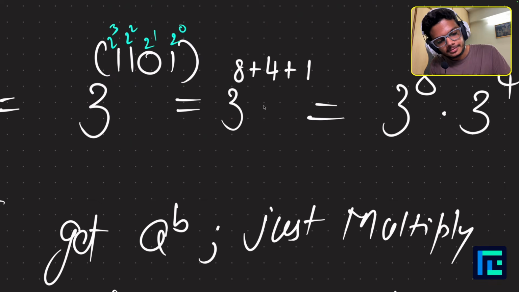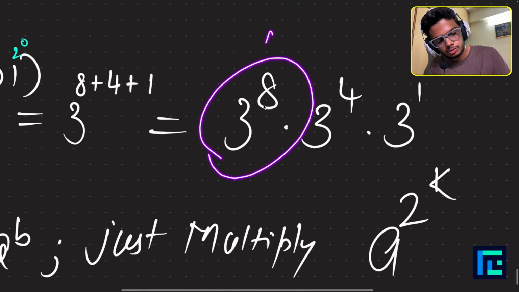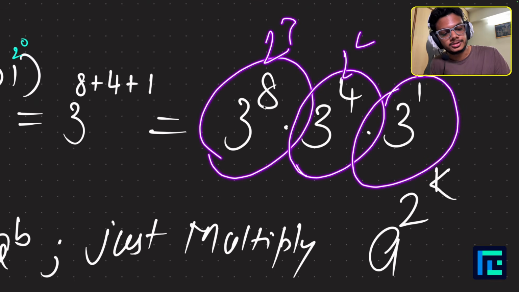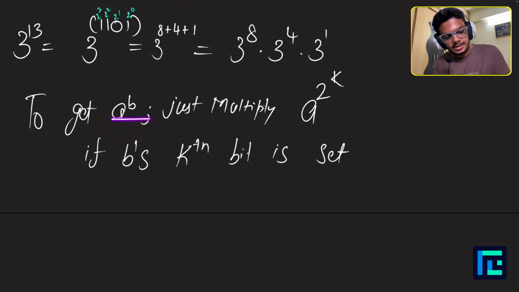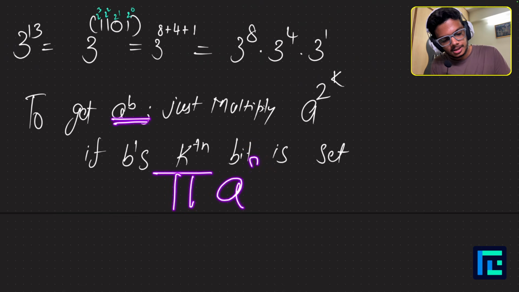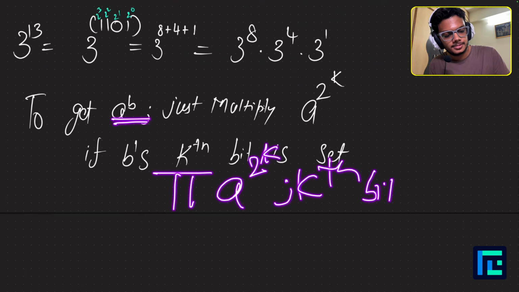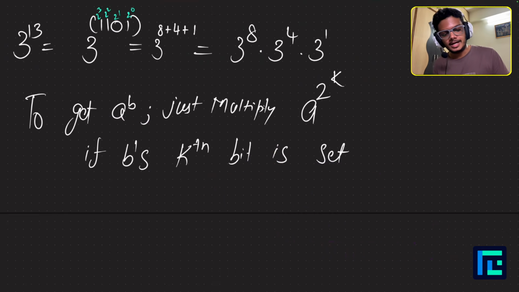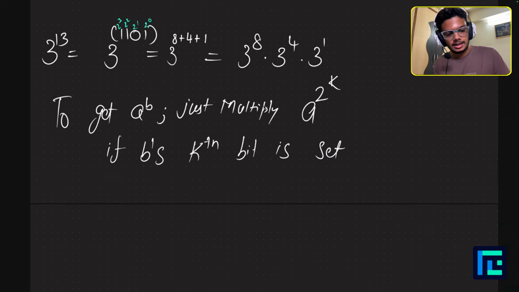So 3 power 2 power 3, 3 power 2 square, 3 power 2 power 0, right? So to get a power b, you just multiply a power 2 power k where the kth bit of b is set. So that is the idea, and this is the approach.